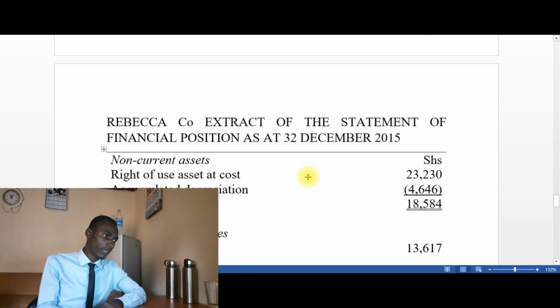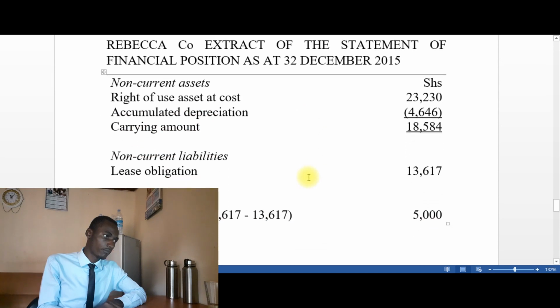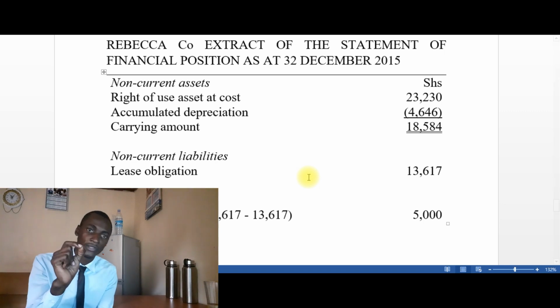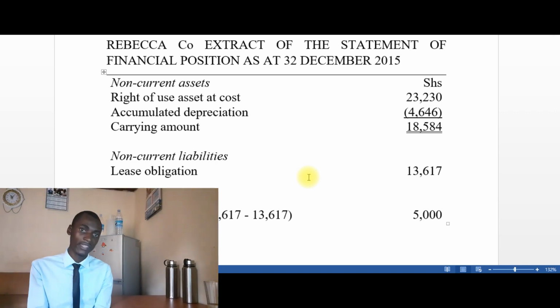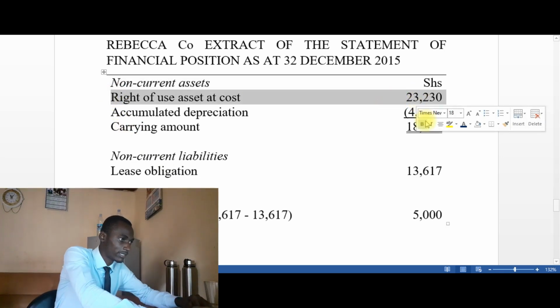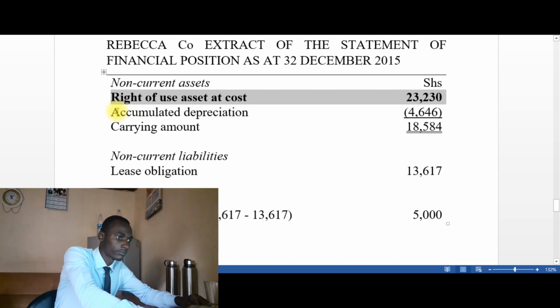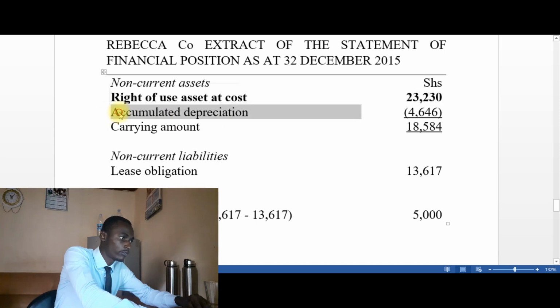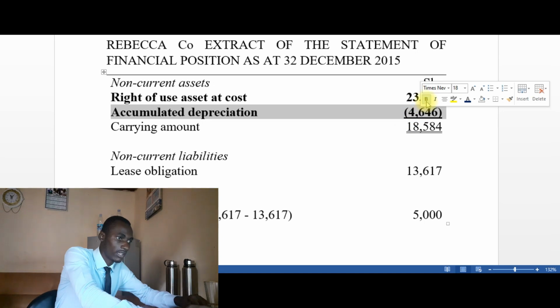What about the statement of financial position? In the statement of financial position, we have to present the right of use asset under the non-current assets. As you can see, right of use asset at its cost. We have to less the accumulated depreciation as well.